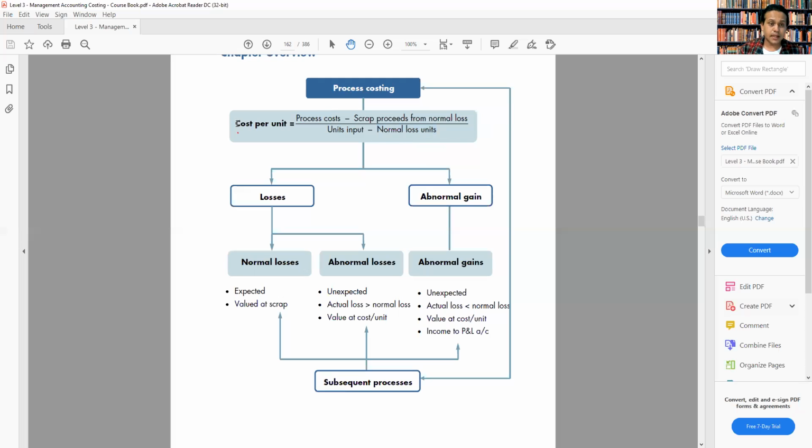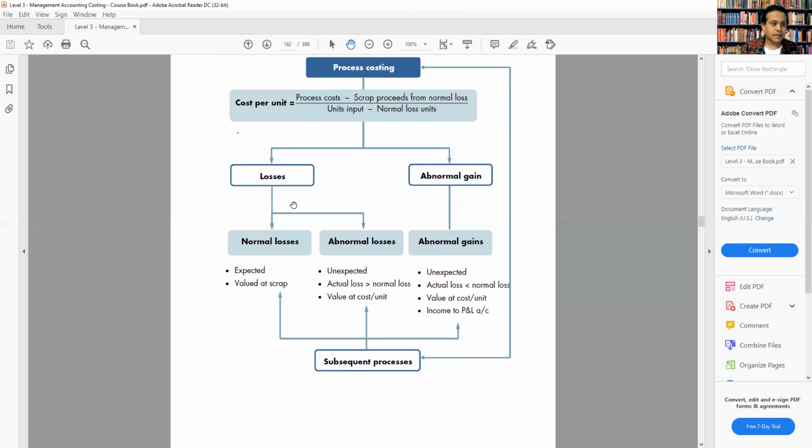So if I produce 90 units and the cost is 100 pounds, then 100 over 90 will give me the cost per unit. So you have to remember this formula: process cost minus scrap value from the normal loss. On the bottom, we have unit inputs minus the normal loss units. That will give you the cost per unit.